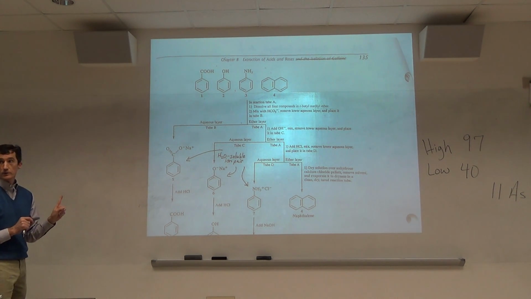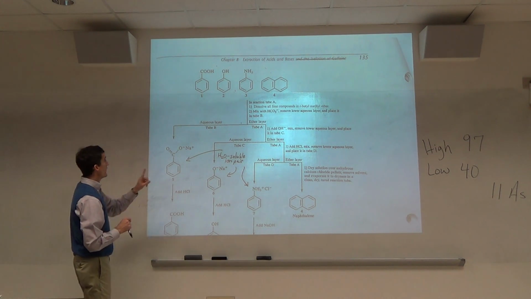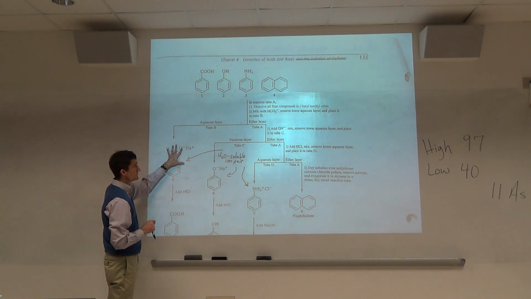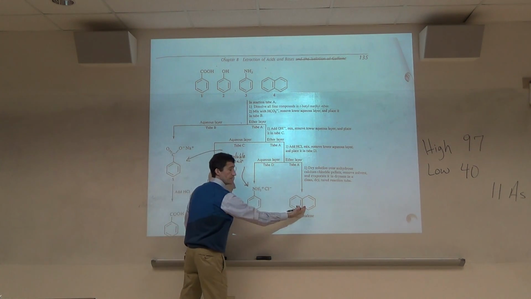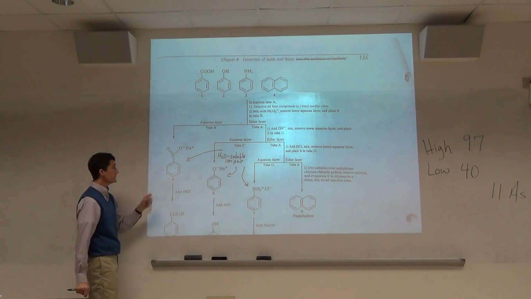Only compound 1 will. We said earlier, carboxylic acids are acidic enough to react with bicarb, but phenols are not. Compound 1 becomes an ion pair. It goes into the water layer. The other 3 stay in the organic layer. You separate your layers. You have this separated.